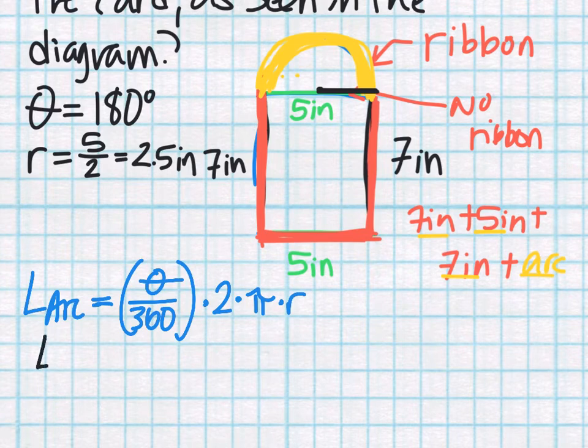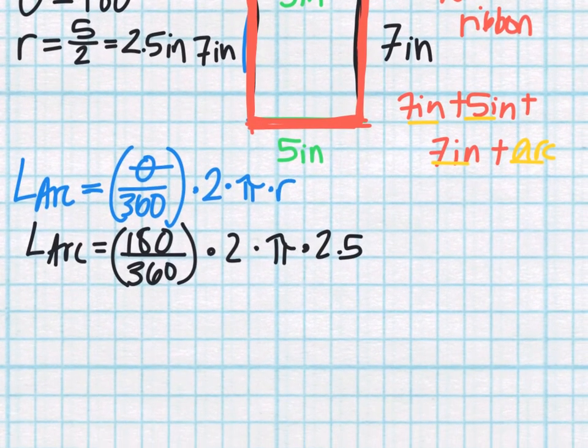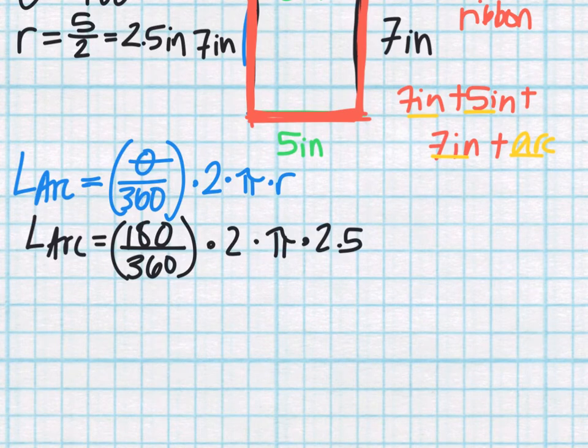The length of the arc is equal to 180 over 360 times 2 times pi times 2.5. Okay. Those zeros cancel out. 18 divided by 36, that's 1/2. And then 2 times 2.5 is 5. So 1/2 times 5 pi.